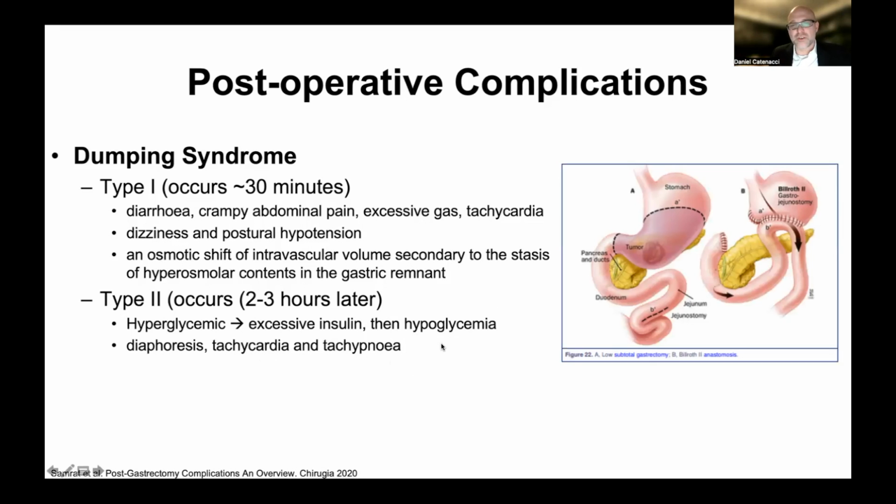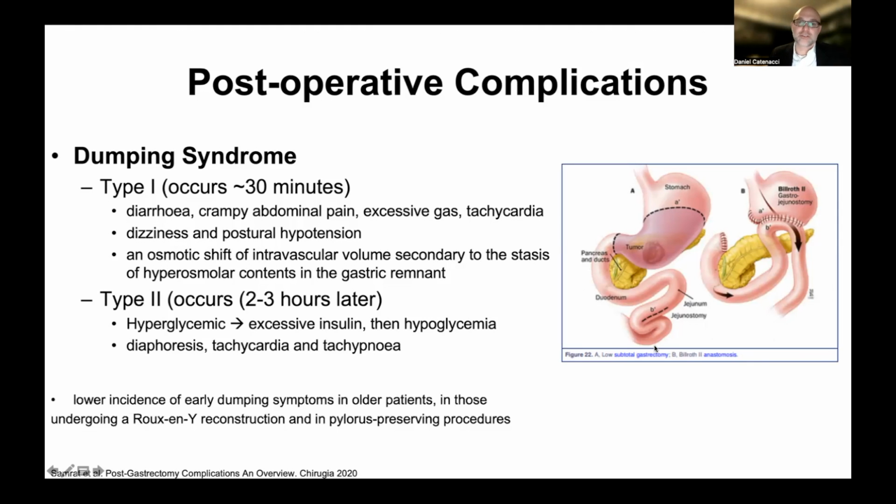And as I mentioned, there are certain surgeries that are at higher risk of these. A Billroth 2 is thought to be a higher risk of getting these. And again, you're dumping into the small bowel faster than you normally would have been, and so it leads to some of these complications.